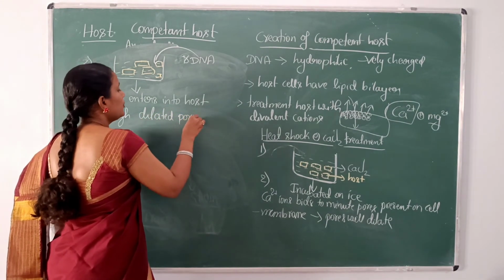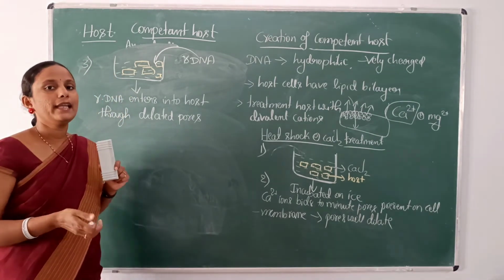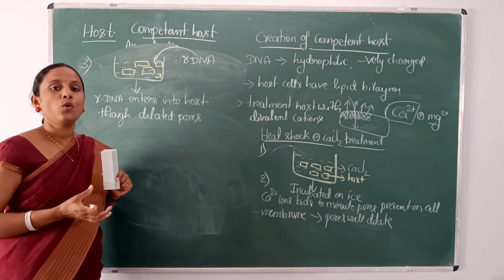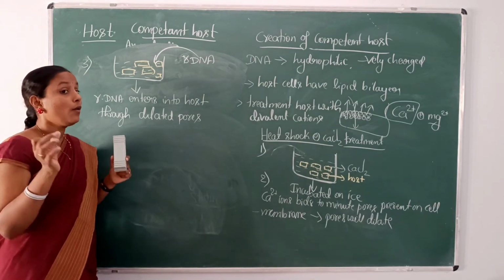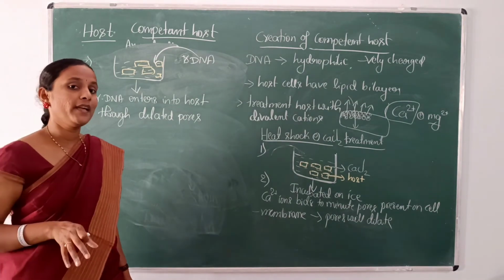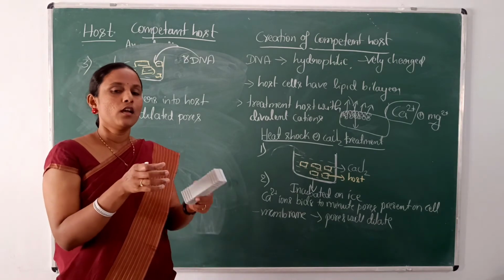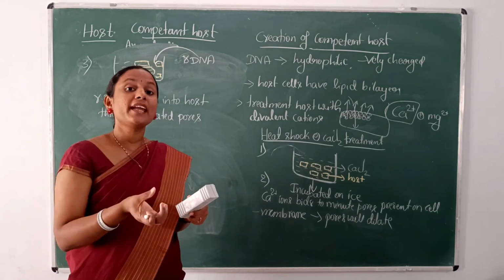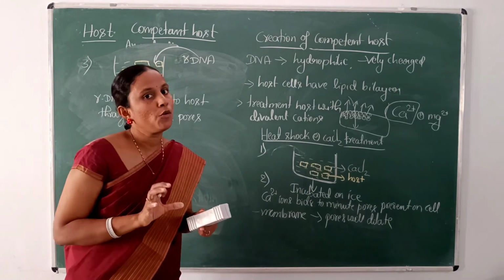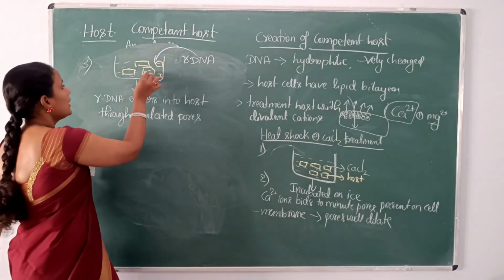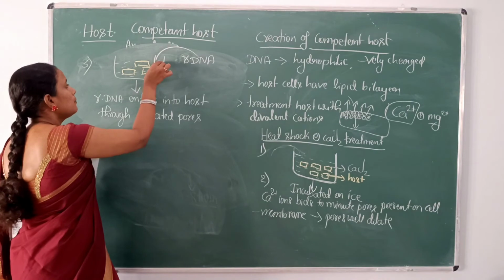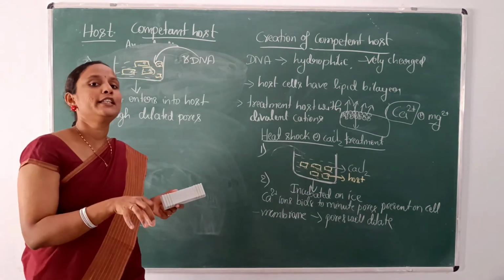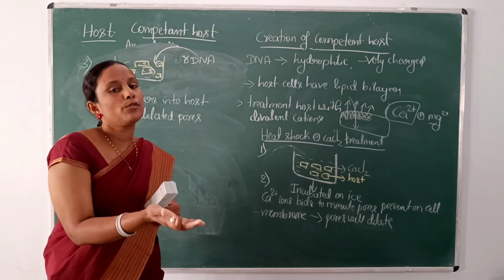Through the dilated pores, easily the recombinant DNA will enter the host cell. The entering of recombinant DNA into the host is not the only important thing, it should also integrate into the genome of the host. The host cell will also have a genome, right? Into that genome, the recombinant DNA should enter.